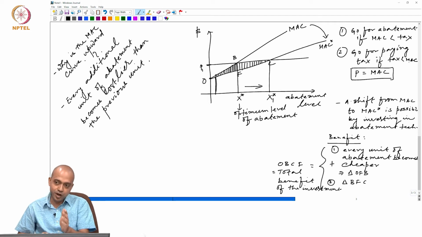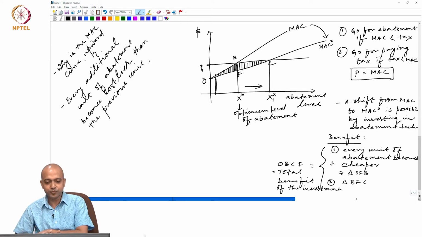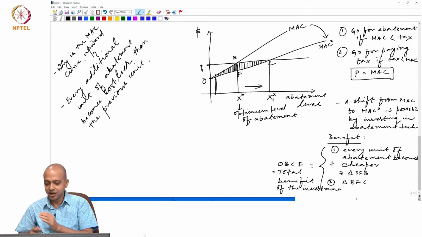Now, if the firm is operating at point B, we can say that the cost of such an investment, the cost of innovation, is higher than the benefit measured by this area OBCF.